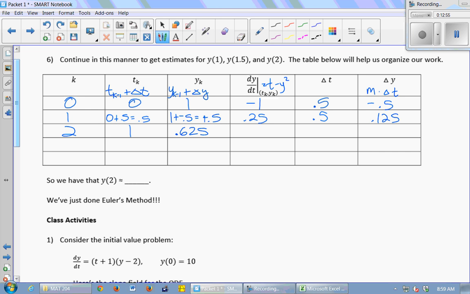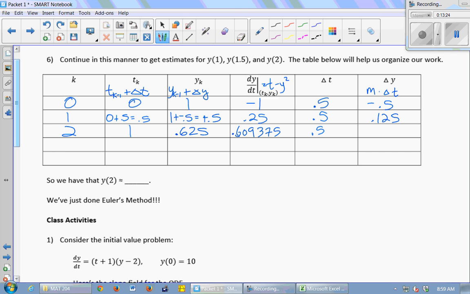Okay, so I take my new t comma y, my new point that is an approximation to the point on the curve, and I plug it into the differential equation to get a new slope. So 1 minus 0.625 squared is 0.609375. Delta t, 0.5.